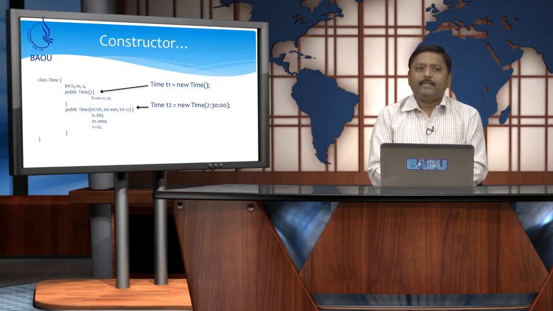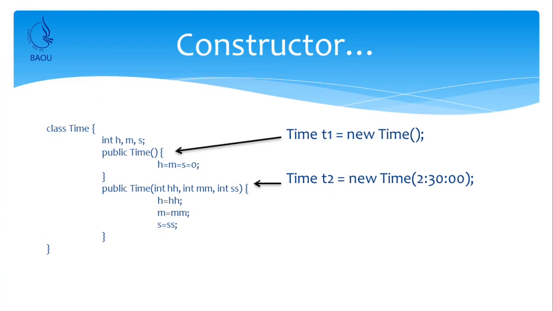Now, we take one example so that you can understand better. Here we have a class with the name Time and it has 3 instance variables: h represents hour, m represents minutes and s represents second. And here I write down one constructor with no argument, which is also known as a default constructor.